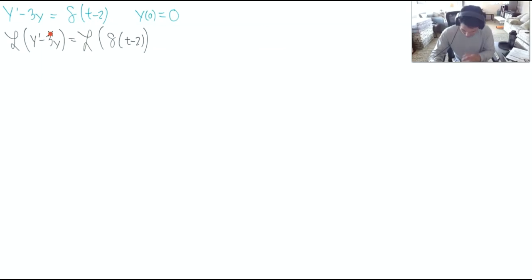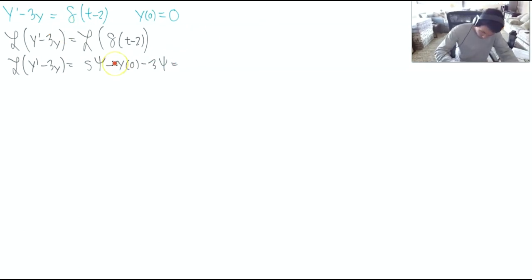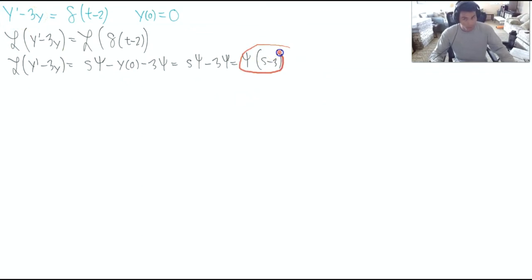And then we could see that the Laplace of y prime minus 3y is going to be equal to s big Y minus y of 0, and then minus 3 big Y. We can insert our initial condition, which is just going to be s big Y minus 3 big Y. And if we factor out the big Y, it is just s minus 3, which would represent the characteristic polynomial equation. Okay, so here we go.